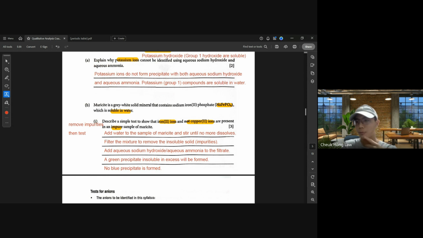Can you tell me how will you use displacement to show the ions? Because this is testing you on the test for cations. So how will you use displacement reactions to show that iron 2 ions and not copper 2 ions are present?